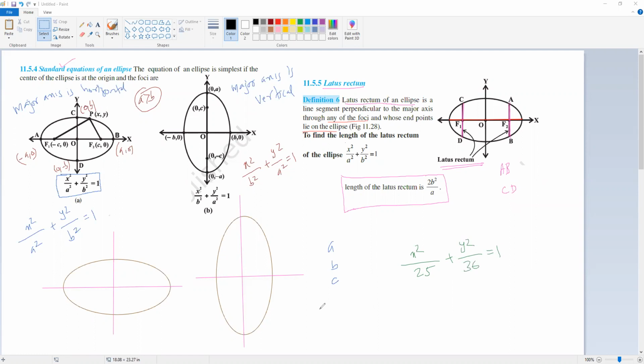My question is whether this one has a horizontal or a vertical major axis, because here there is no a or b given. So how can you understand whether the major axis is horizontal or vertical? That is a key point. How can you understand? Can anybody say?